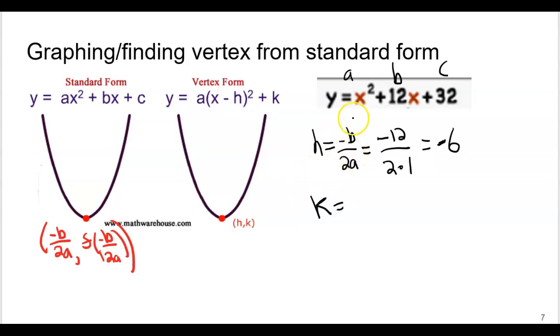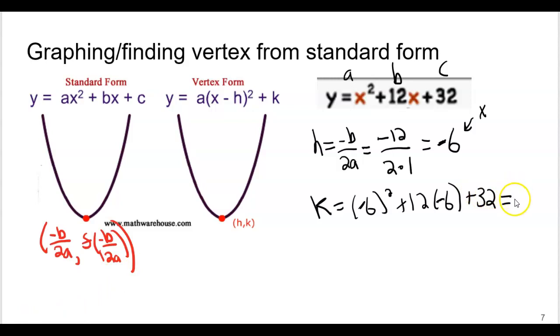My k, everywhere I see an x, I'm going to put in a negative 6. We end up with negative 4. So my vertex is negative 6, negative 4.